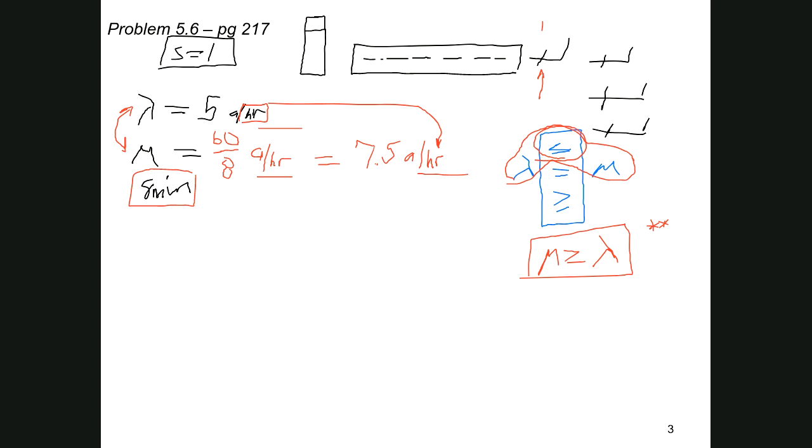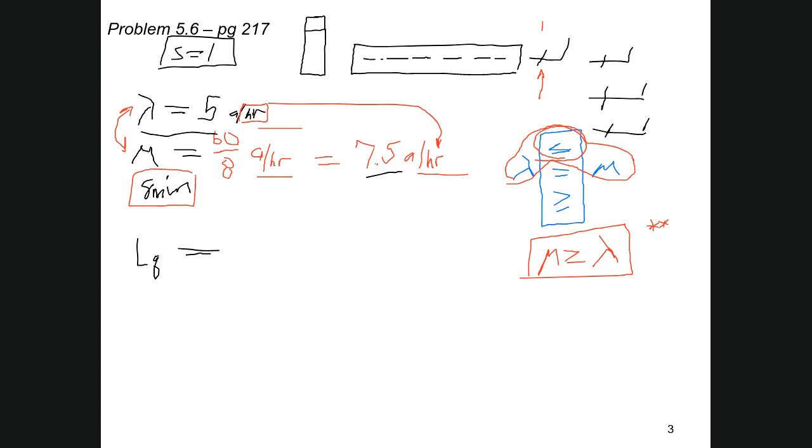All right, so now let's go and solve our problem. We know that lambda is 5. We know that mu, the service rate, is 7.5 per hour. And so now what we need to know is what is L sub Q. If you look at your textbook, there's a table on page 215.